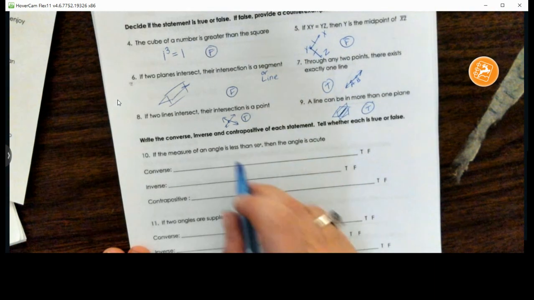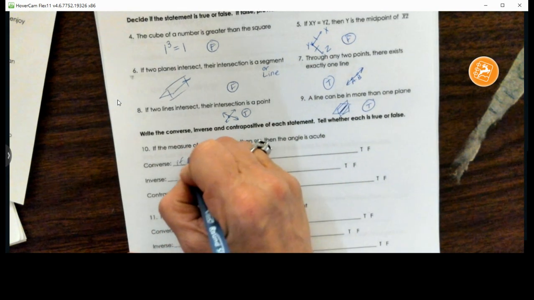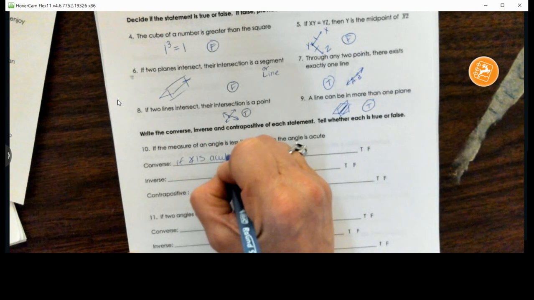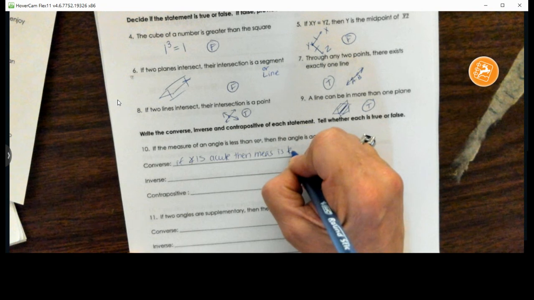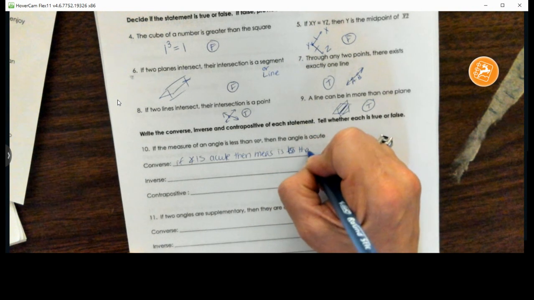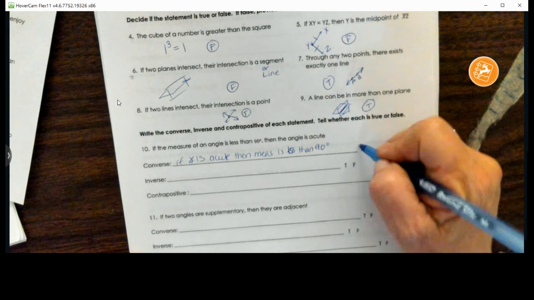Now we're going to talk about converse, inverse, contrapositive. So for the converse, we want to switch places, and we want to say if the angle is acute, then its measurement is less than 90. And that is true.